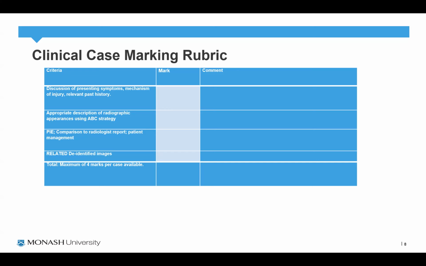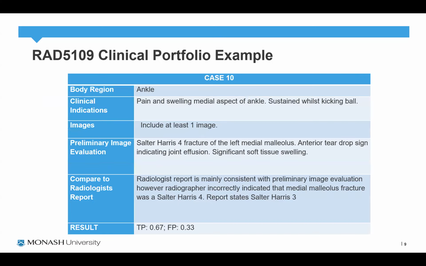And as mentioned, de-identified images. And I've already said that when you compare your report to that of the radiologist, focus on the clinical indications. Do you need to include all of the radiologist's report?